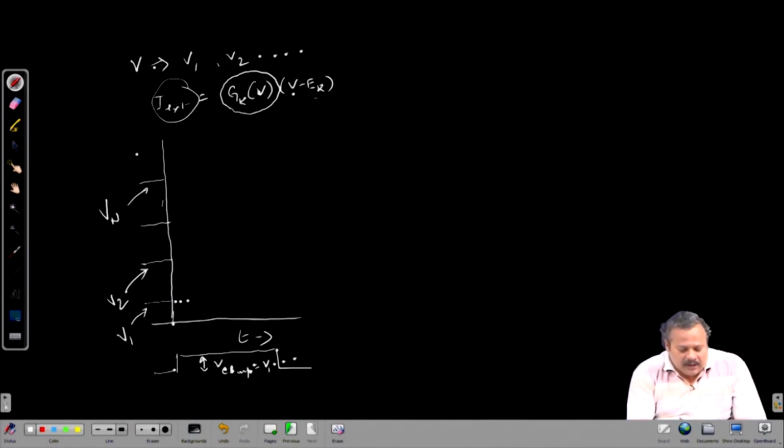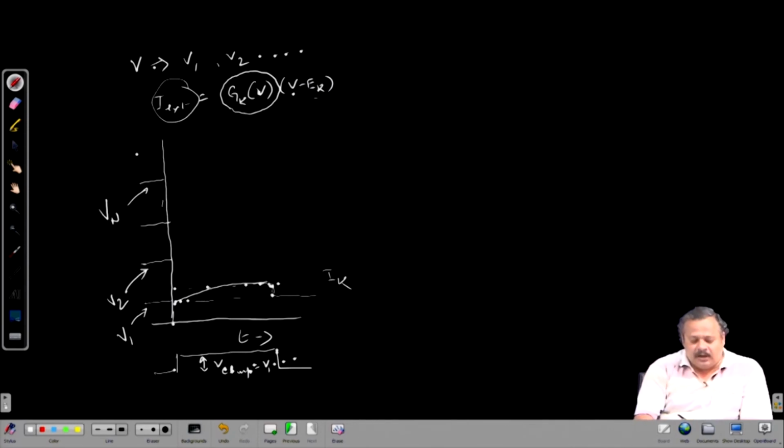And the current is the I K or I potassium, which we will see increases to a particular value and stays there till the clamp is removed, and it drops and goes back down to 0 current. Each of these is 0 current and this axis is current.